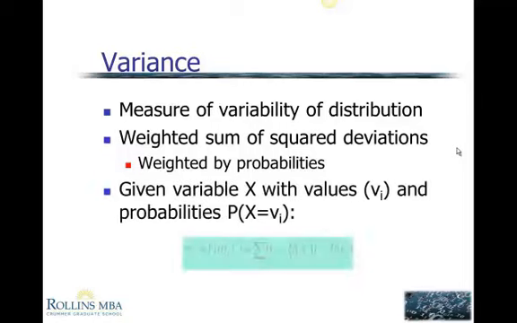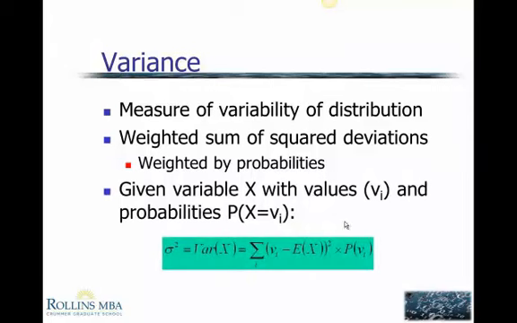So, for a variable x, mathematically we can display it this way. We take each value, we find its deviation by subtracting the expected value, and then we square that to get the squared deviation. The squared deviations are then multiplied by the probabilities, and for every pair of values and probabilities, those products are added together across all the values, and that's going to give us our variance.